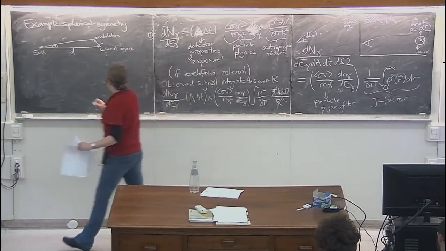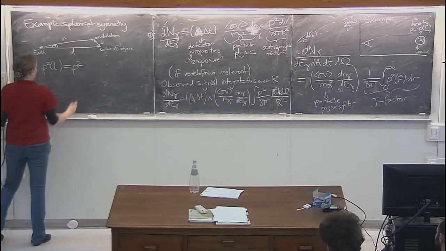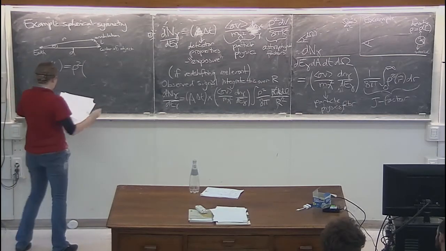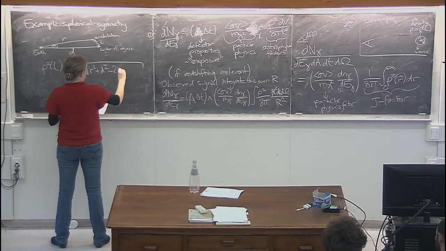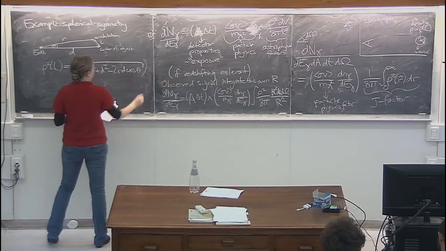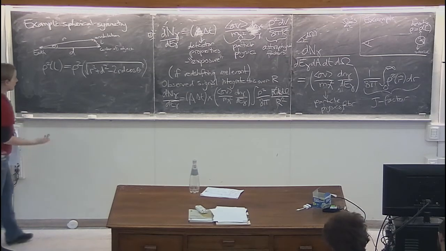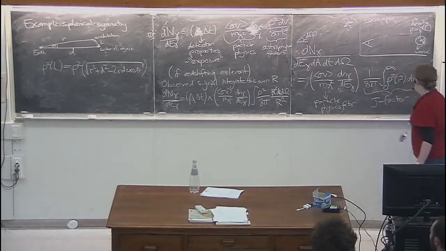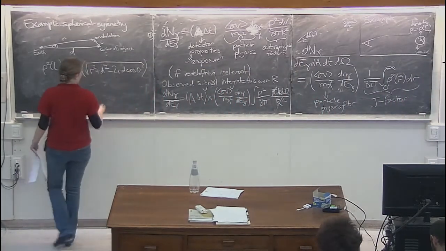This is rho squared of L. So if this is an NFW profile or whatever, this might be 1 over L squared. L is just going to be equal to the square root of R squared plus D squared minus 2RD cos theta. So in that case, you would take your density profile, rho as a function of L, and plug this function into this integral, and get an integral that is a function of cos theta.